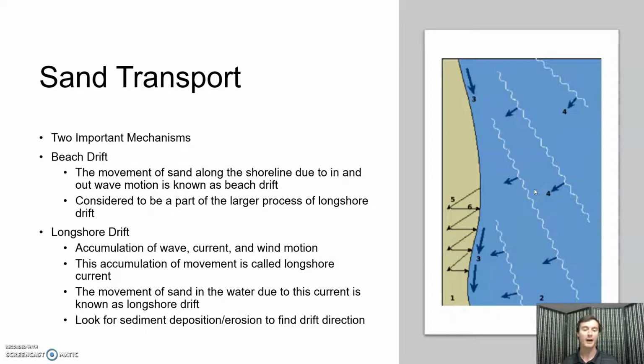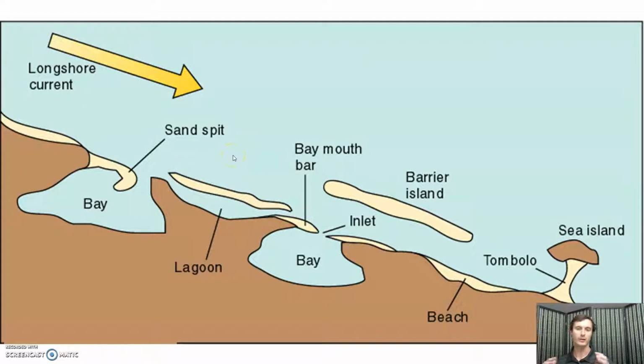And so by the accumulation of these longshore drift and beach drift processes, we can have these landforms, which we'll see, that take a beach and then extend it out in a certain direction. And if we go backwards, we can look at these landforms and tell what the drift direction is, what the wind and the tides and the currents are actually doing in that area. So this is our overview with all the landforms we're going to be talking about.